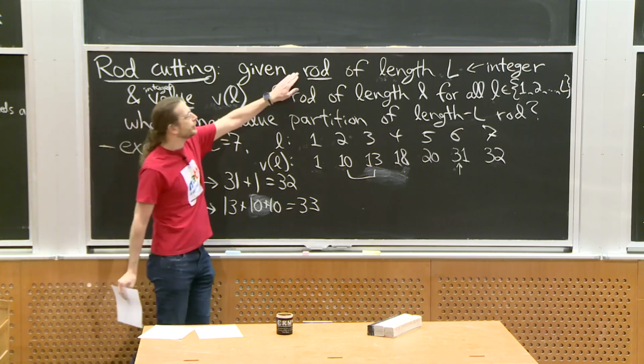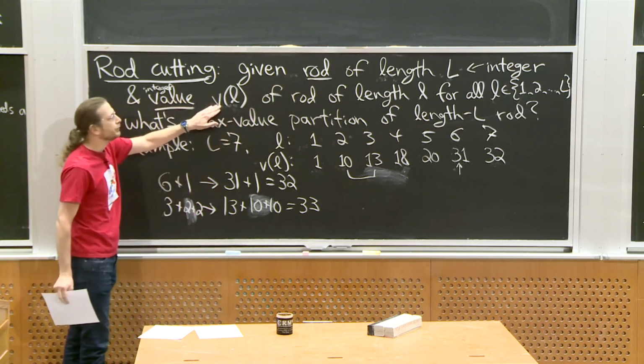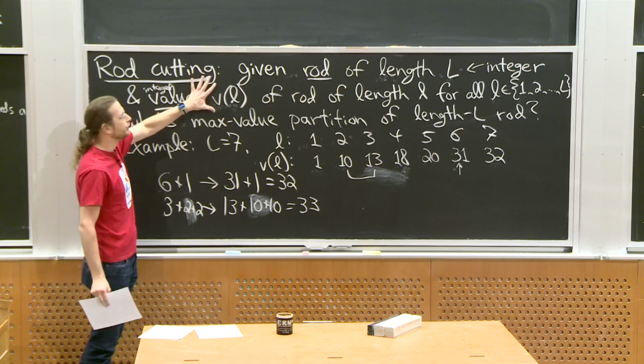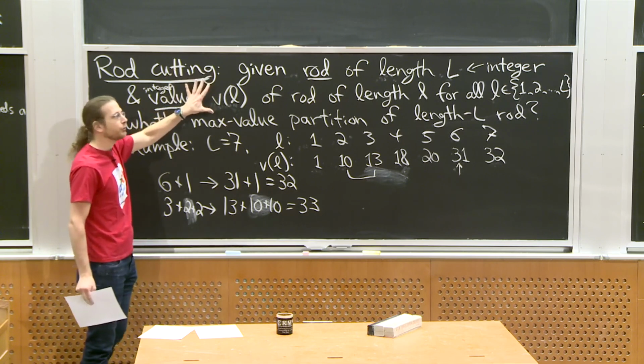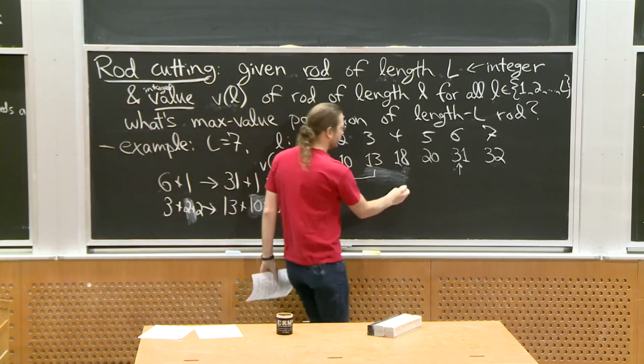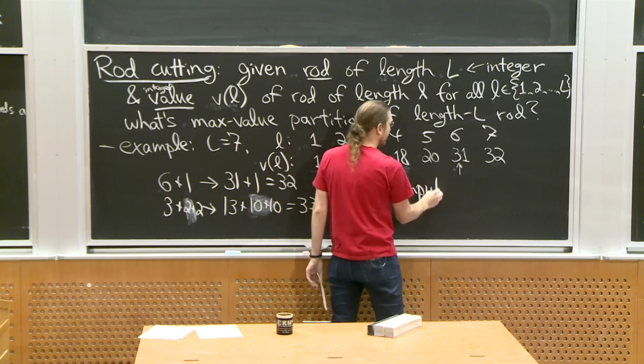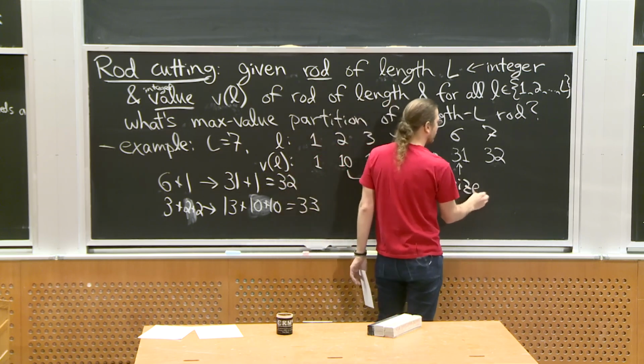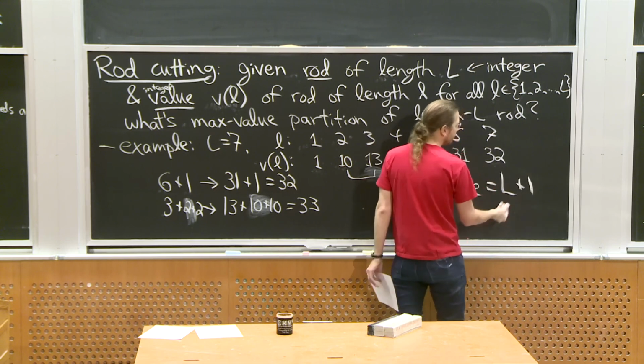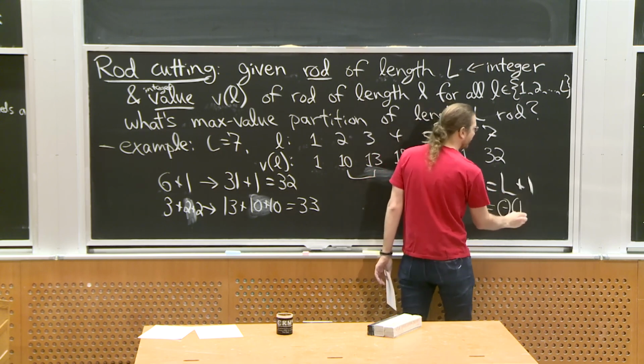So we've got one word here and L words here. So the total size of the input to this problem is L plus 1 integers. In this problem, input size is L plus 1, which we can think of as just L. I mean, it's theta L.